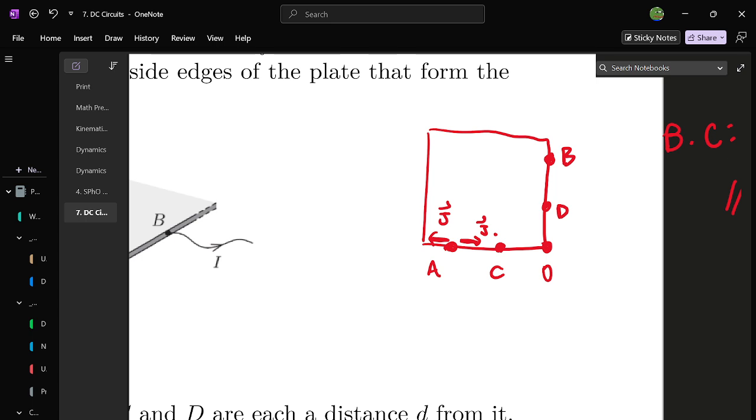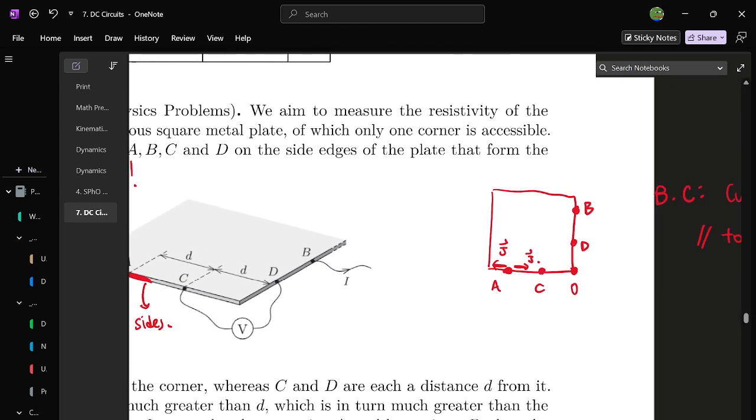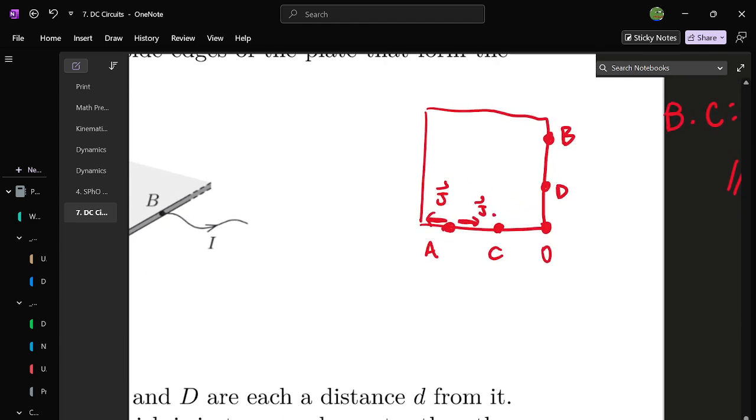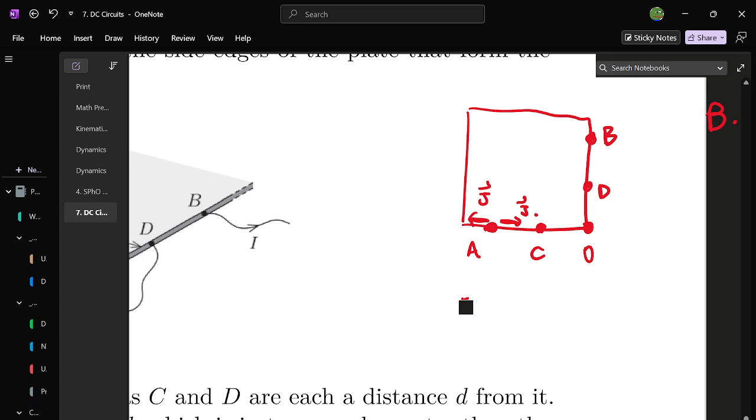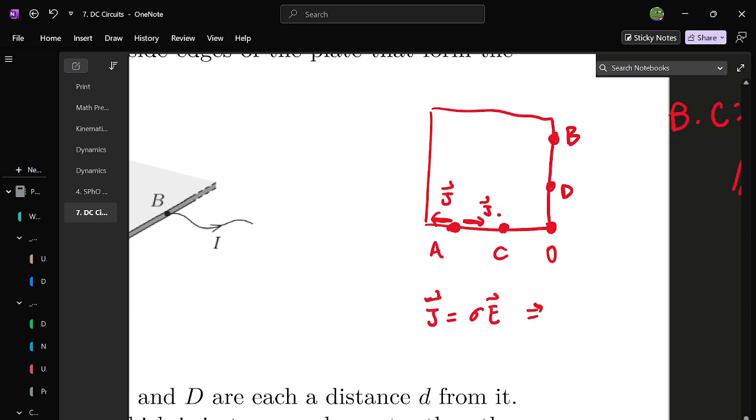Now why is this so? Well, this comes from the properties of conductors. Recall from the previous chapter on electrostatics, conductors. Because J is sigma E, J is parallel to the electric field.